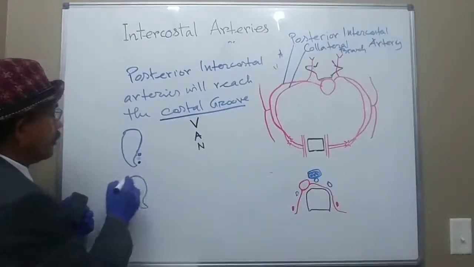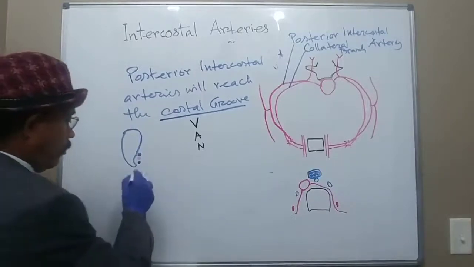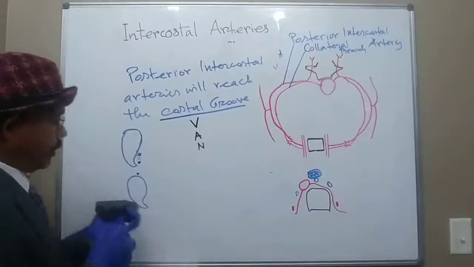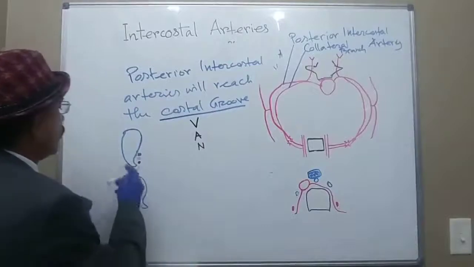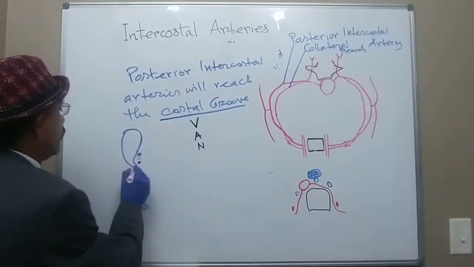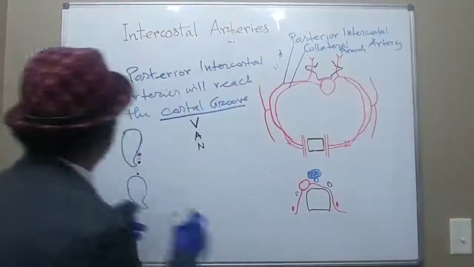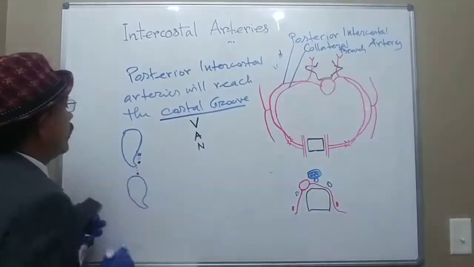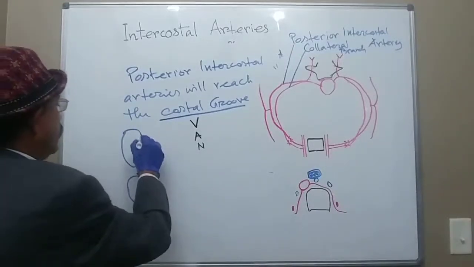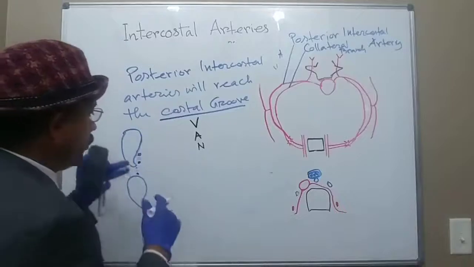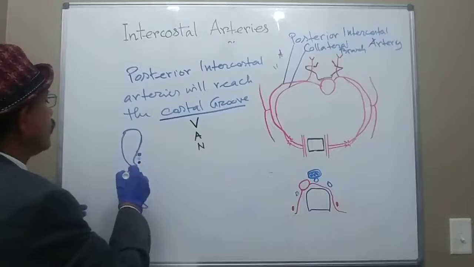The collateral branches should be just above the superior border of the lower rib. These are collateral branches here, and this is the collateral branch. Okay, we got the rib, and it should be in between the muscle, between the intercostalis intimi and the innermost intercostal muscle.